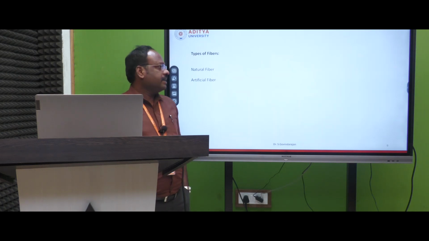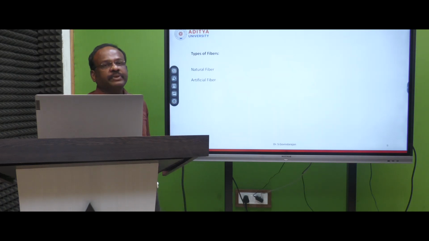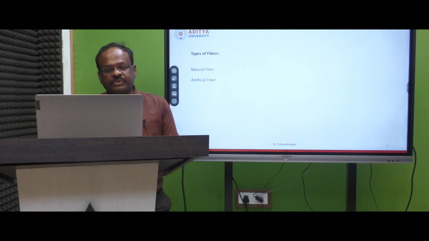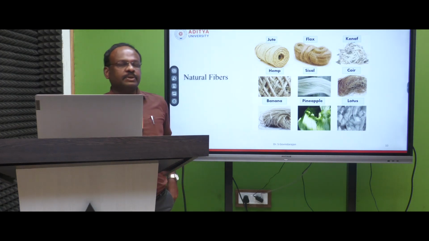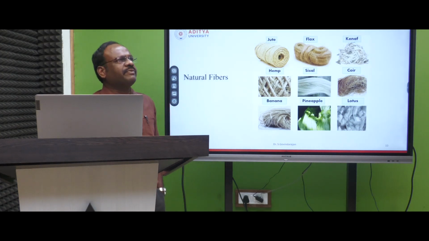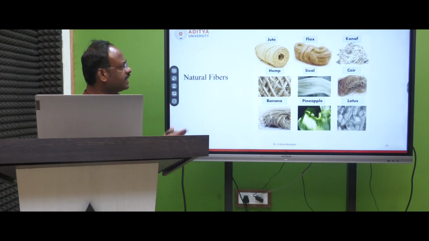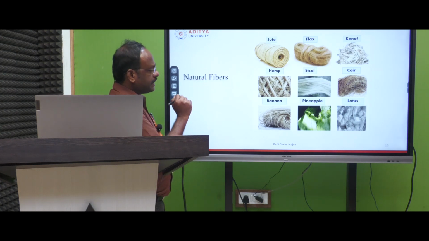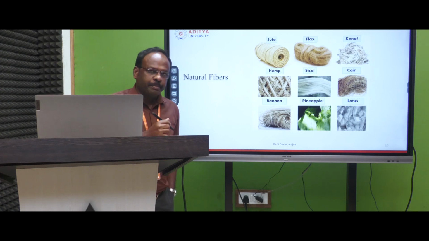And here, what are the various types of fiber? Normally there are two types of fibers available: natural fiber and artificial fiber. So what is natural fiber? Many types of natural fibers are available, like jute, flax, kenaf, hemp, sisal, coir, banana, pineapple and lotus. These are all natural products only.